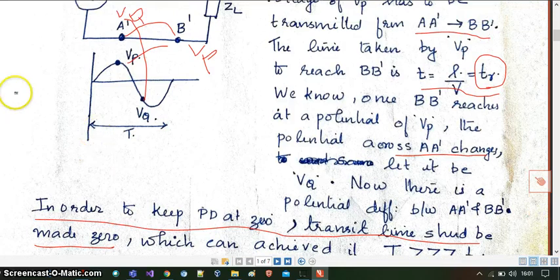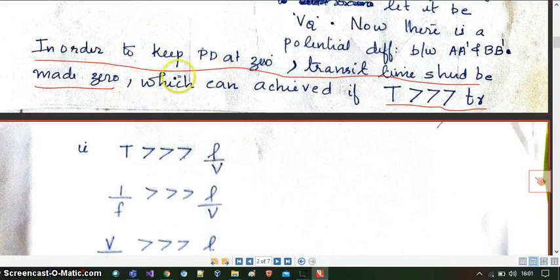What is capital T? Capital T is the time period of this wave. So in order to keep the potential difference at 0, transit time should be made 0, which can be achieved if capital T is much greater than Tr.